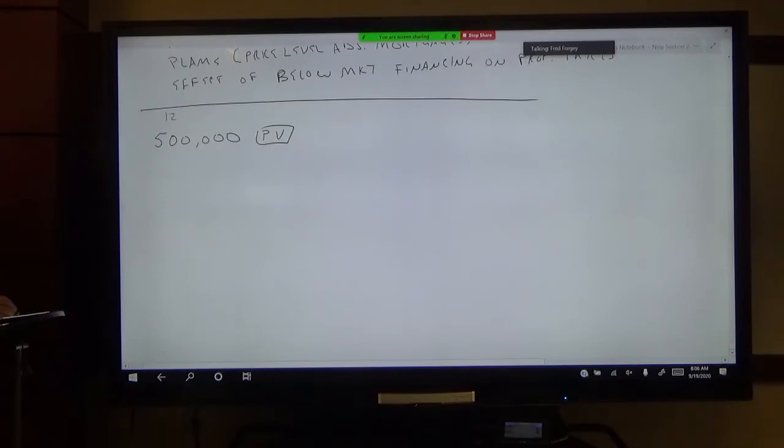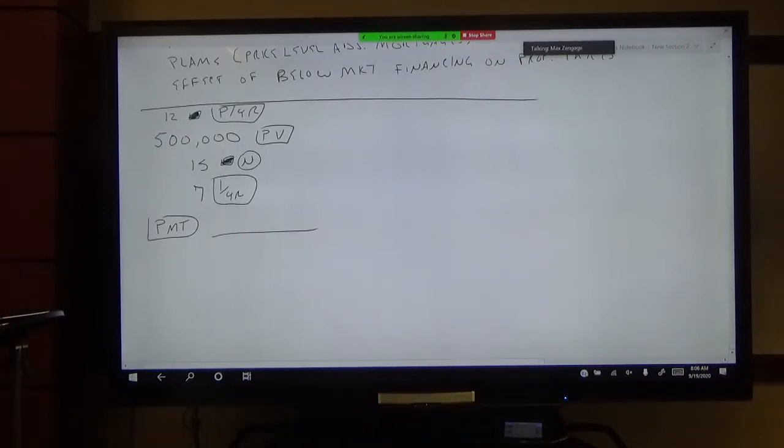And once again, assume this is 12 payments per year. Okay, and let's say it's a 15-year mortgage with an interest rate of, let's say, 7%. So the first thing we're going to do is calculate whatever the payment is.